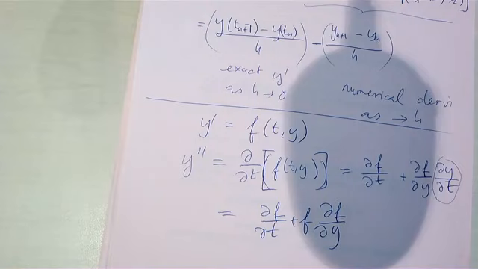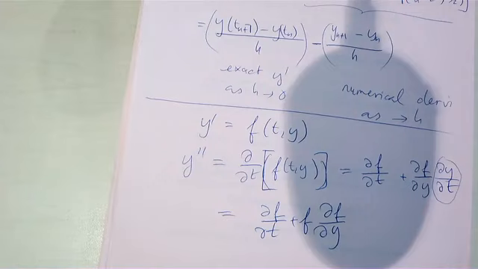And now this is your method. Remember the method here. I'm going to use the Taylor expansion again, but this is the Taylor expansion of two variables.